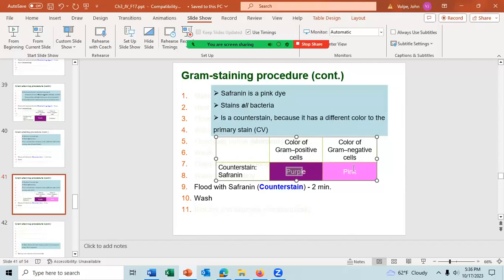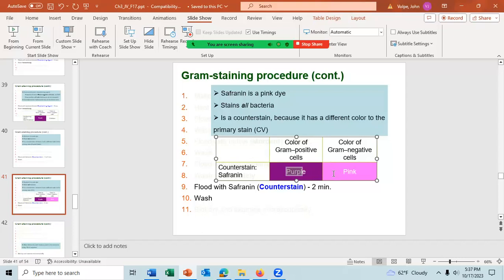But to see that pink, you have to have the electron microscope magnification. Okay? When our eyes look at the cells, because the purple is a more intense color, all we see is the purple.